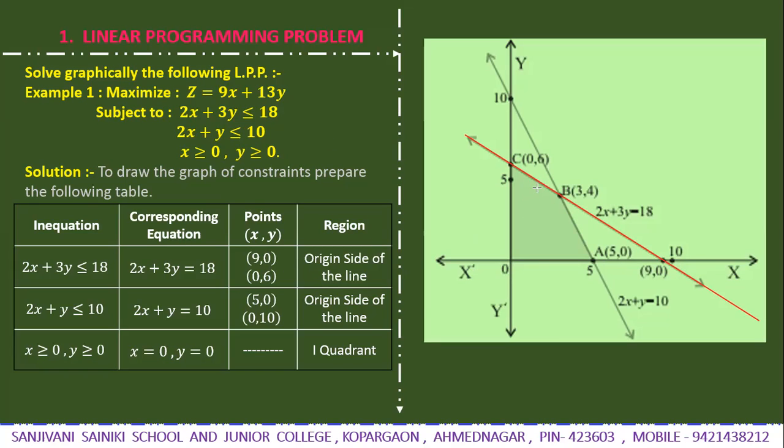This line will make two parts of the plane. One of the parts contains the origin. Here it is less than or equal to, so definitely the origin will satisfy this inequality. 2 into 0 is 0, 3 into 0 is 0, so 0 plus 0 is 0, and 0 is less than or equal to 18, which is true.